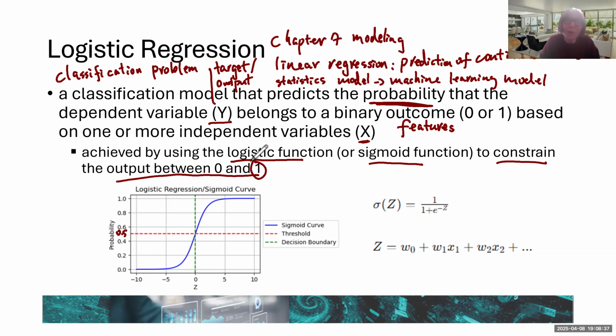Okay, so with the probability, if it's above 0.5, we call it a threshold, then we say, okay, it is 1. If it's below, then we say, okay, the class is going to be 0. So basically, it is this class. So it's yes or no for the class. Okay. And so this is the sigmoid curve. Sigmoid function or logistic function.